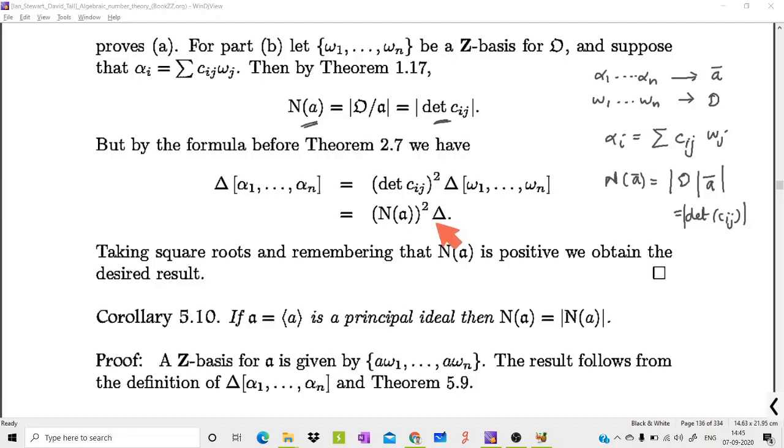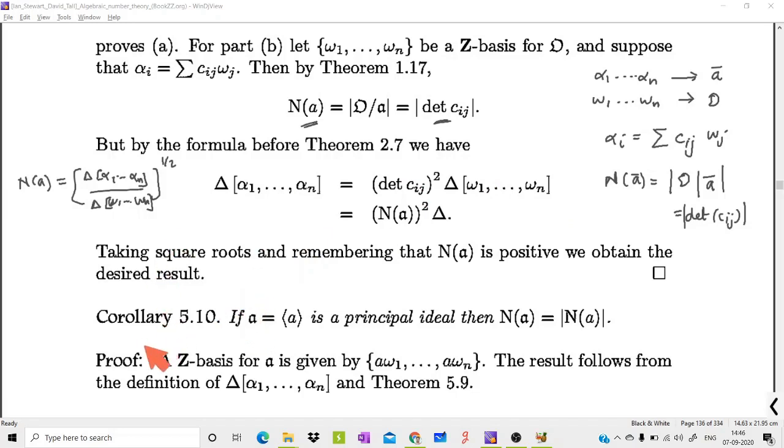This proves part B, because N(A) can be written as the square root of the discriminant of alpha 1, ..., alpha n divided by the discriminant of W1, ..., Wn. Okay, this discriminant is nothing but the discriminant of W1, W2, ..., Wn. This proves part B.